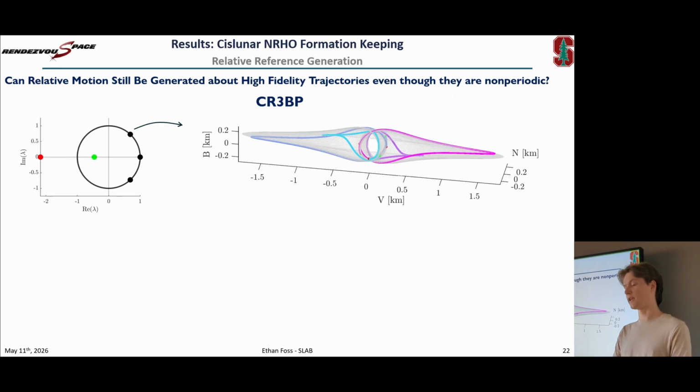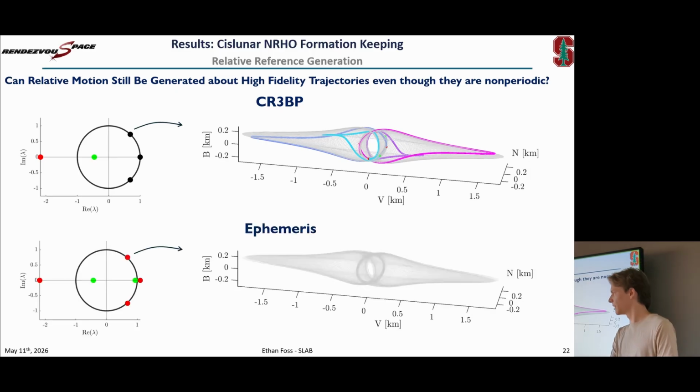So one key question we have to answer for generating relative motion is, can we still generate this motion about a high fidelity reference trajectory, even though they are non-periodic? And the answer here is sort of. Basically, you can propagate the state transition matrix forward for integer periods, and we still see that the eigensystem admits this familiar eigenstructure, but it's slightly perturbed.